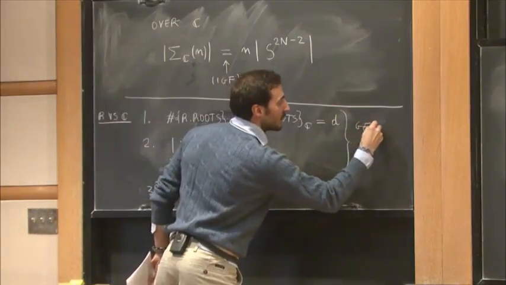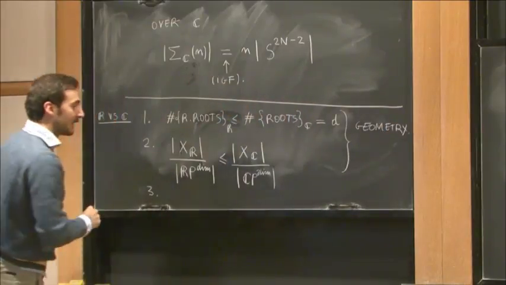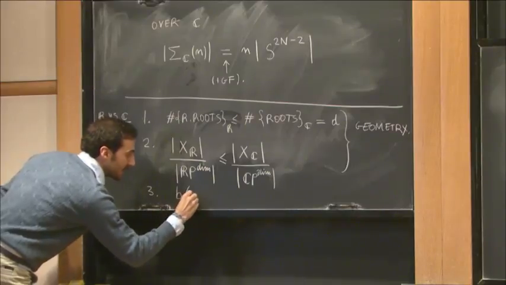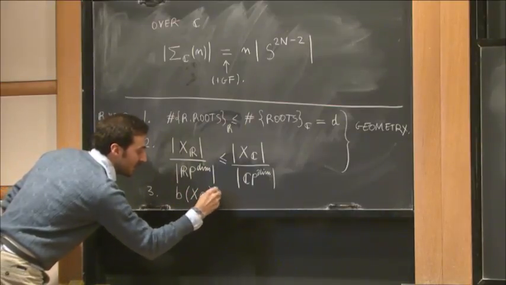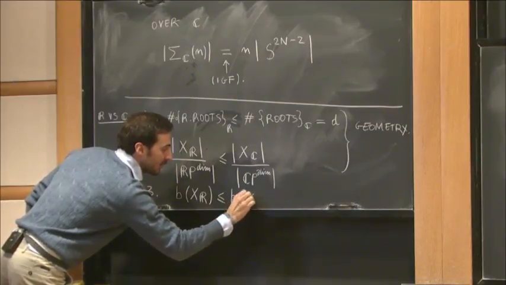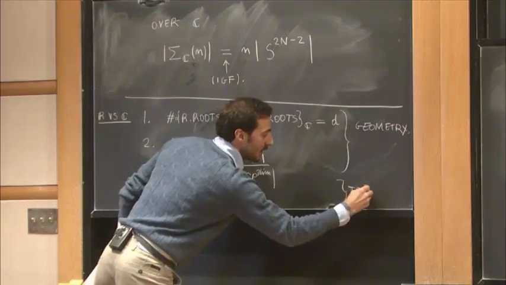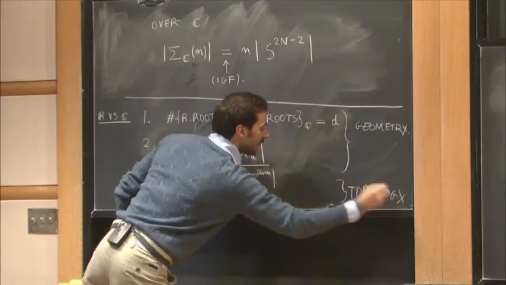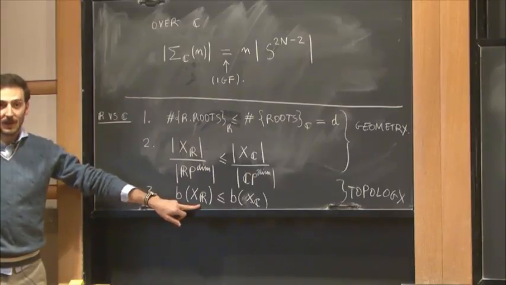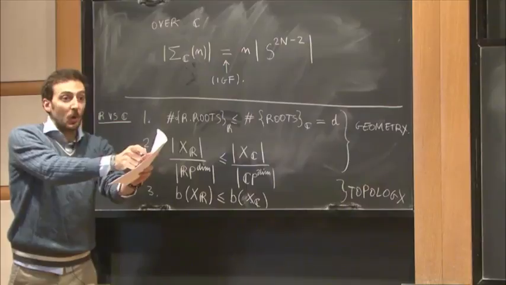So this is geometry. What I find the most surprising is that you can also compare the topology. This is called the Smith inequality, and I'm going to tell what it means. Smith inequality says, all right, give me a real algebraic variety, and now count the sum of all of its holes.